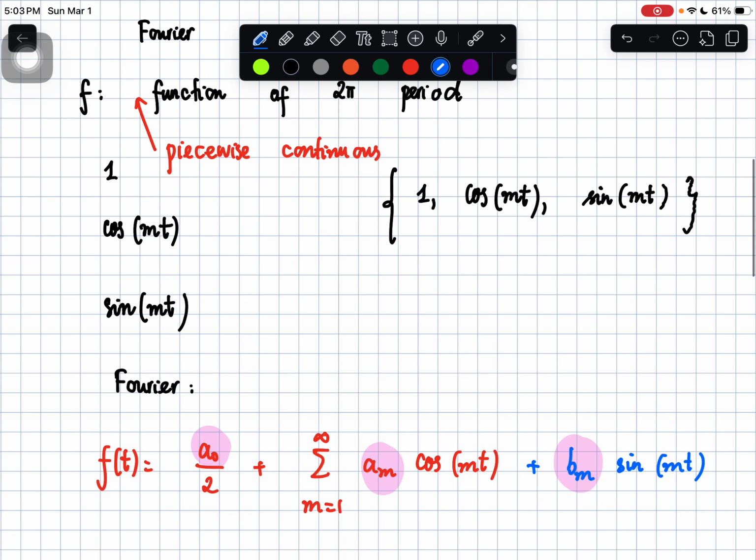These functions here are pairwise orthogonal, and each has length square root of pi, except the constant 1, which has length square root of 2 pi.